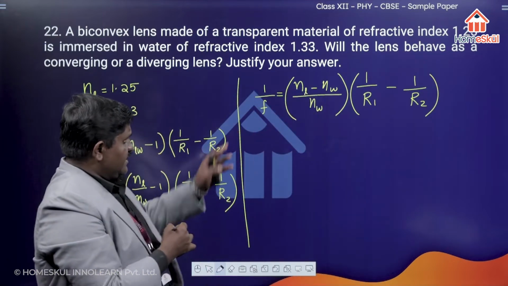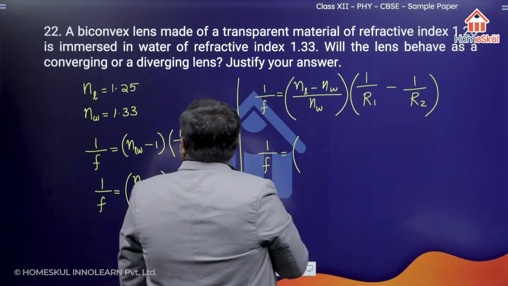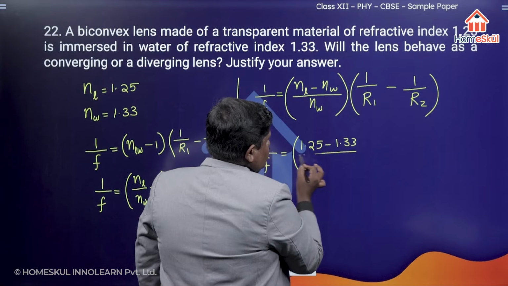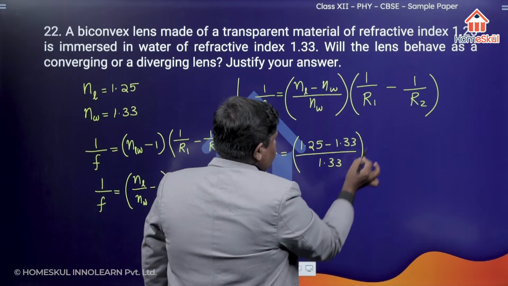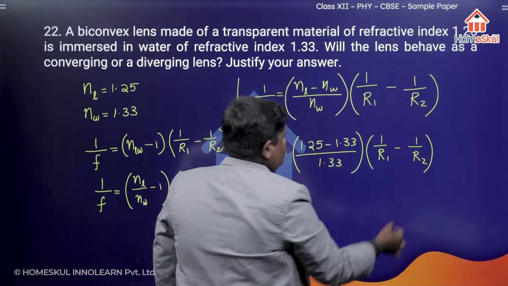Then substituting, we get 1 by f equal to ((1.25 minus 1.33) divided by 1.33) into (1 by R1 minus 1 by R2).